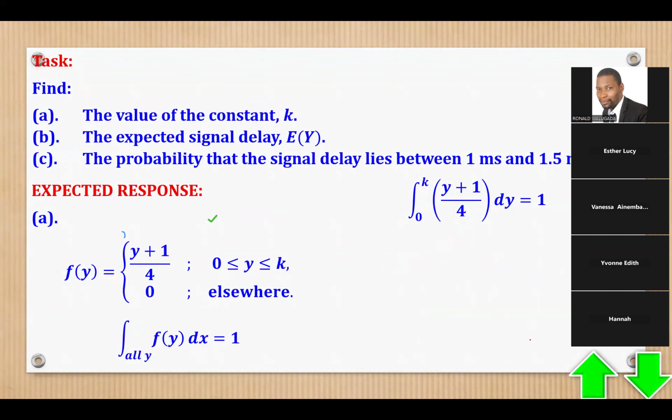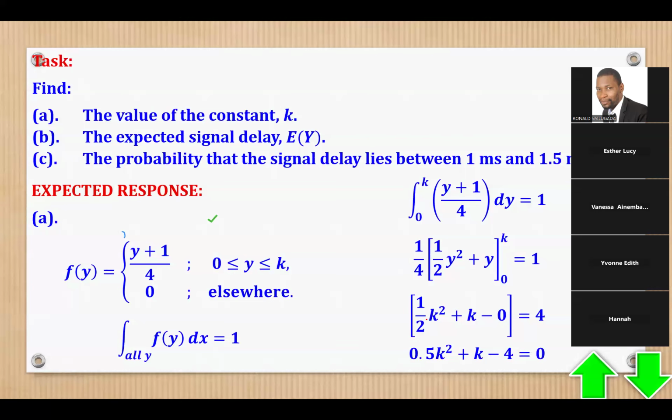Like I've told you, this topic requires knowledge of differentiation and integration. Then I can substitute the limits. When I substitute the limits, you realize that I only have one unknown, which is k. So I have to solve for k. It's a quadratic, meaning I can use the quadratic formula.